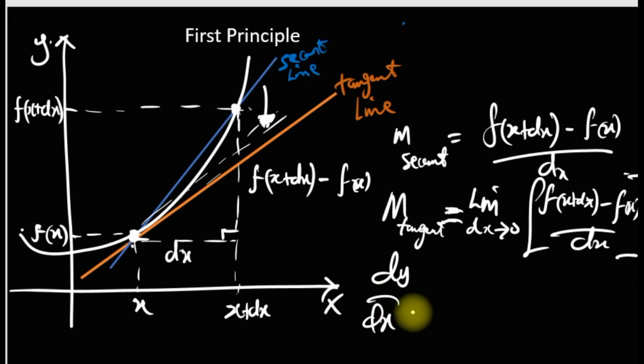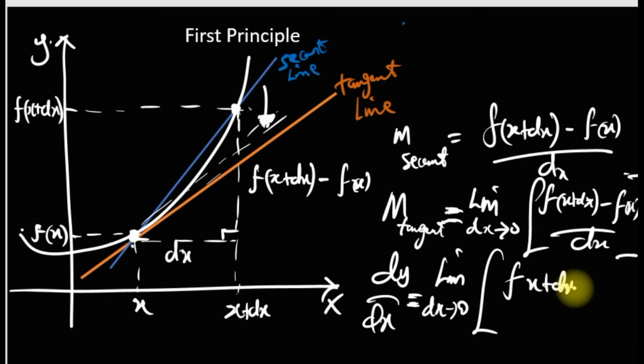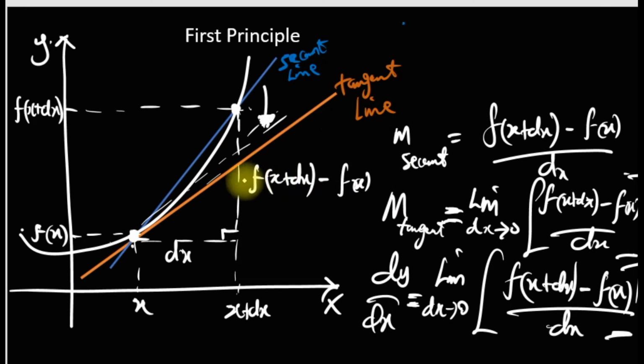That's the derivative of this function at a particular point, the slope of the tangent line. That's it: limit of dx tends to 0 of f of x plus dx minus f of x over dx. So that's differentiation from the first principle.